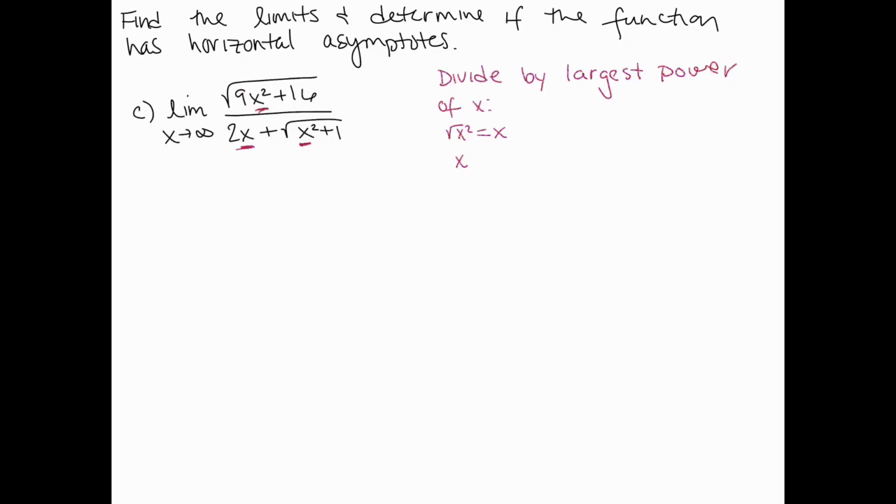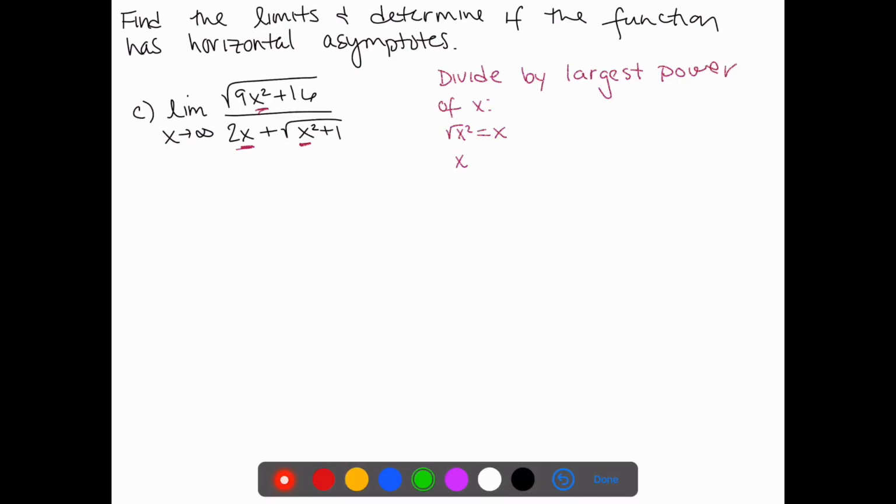So in this problem, in the numerator, the only x I see is an x squared, but that x squared is inside the square root. So in the numerator, we've got a square root of x squared, which is an x.